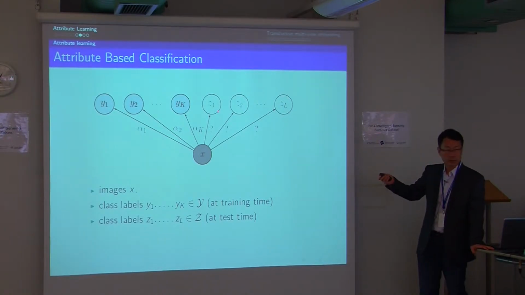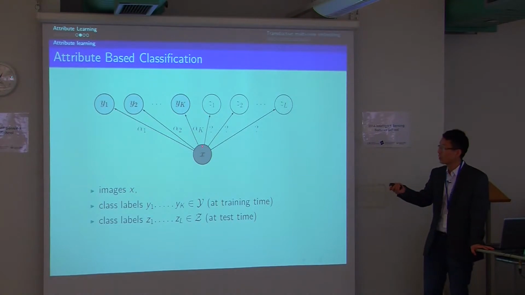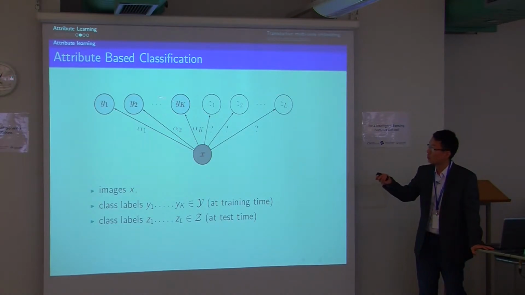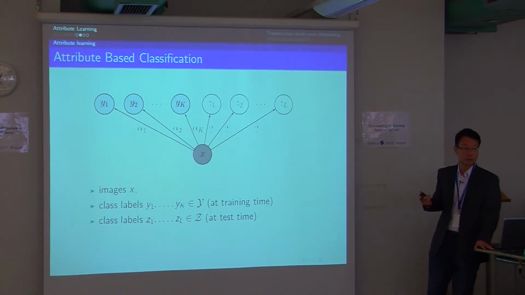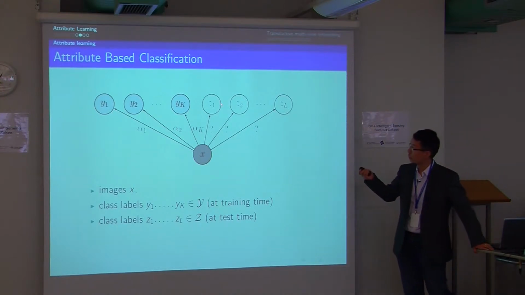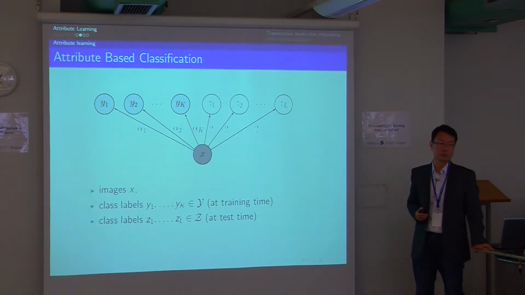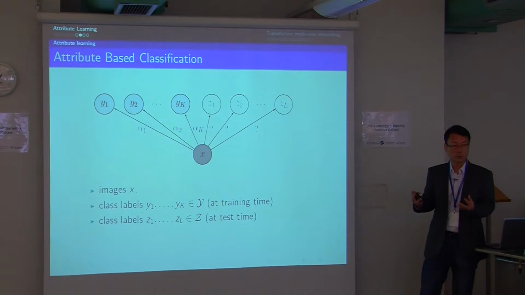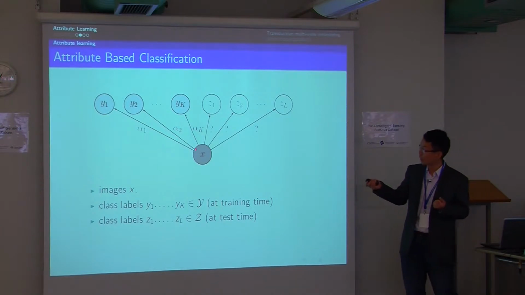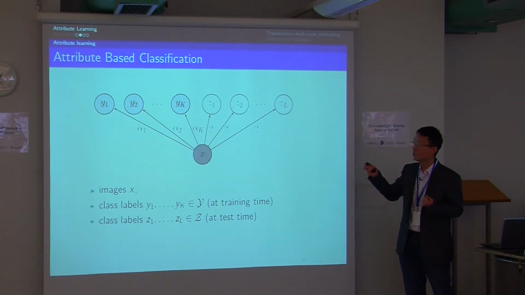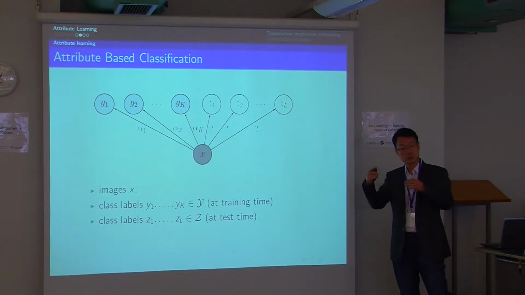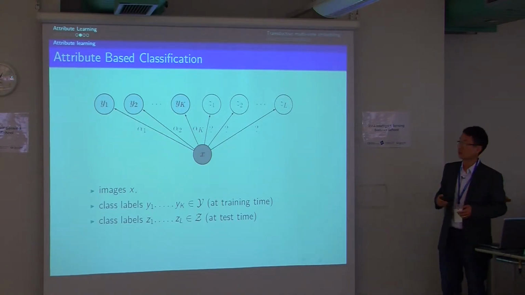And during testing, you are not interested in recognizing X into one of these known categories or these seen categories. You want to recognize X into one of these unseen categories. In a conventional supervised learning approach, this problem has no solution because you have never seen any example belonging to these new classes. And the old class data wouldn't help you to recognize these new classes.